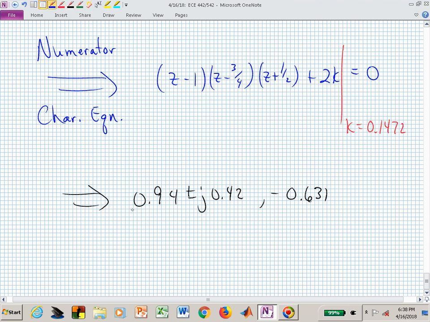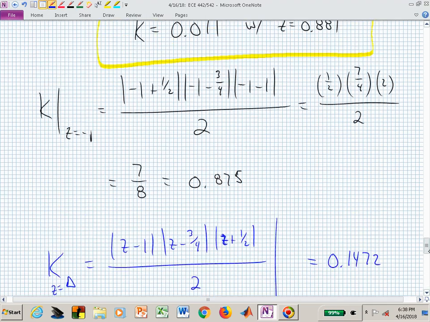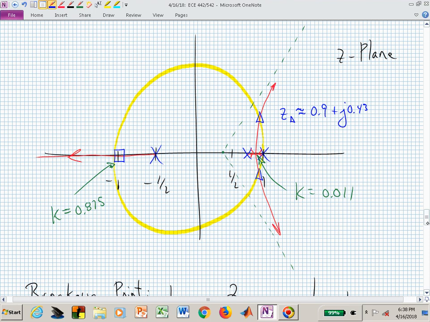But I can now more easily compute the magnitude of this. Pardon? What is the minus 0.631? Can you help us? What is minus 0.631? Is it clear that for a gain value of 0.147, that's now found locations on the root locus?